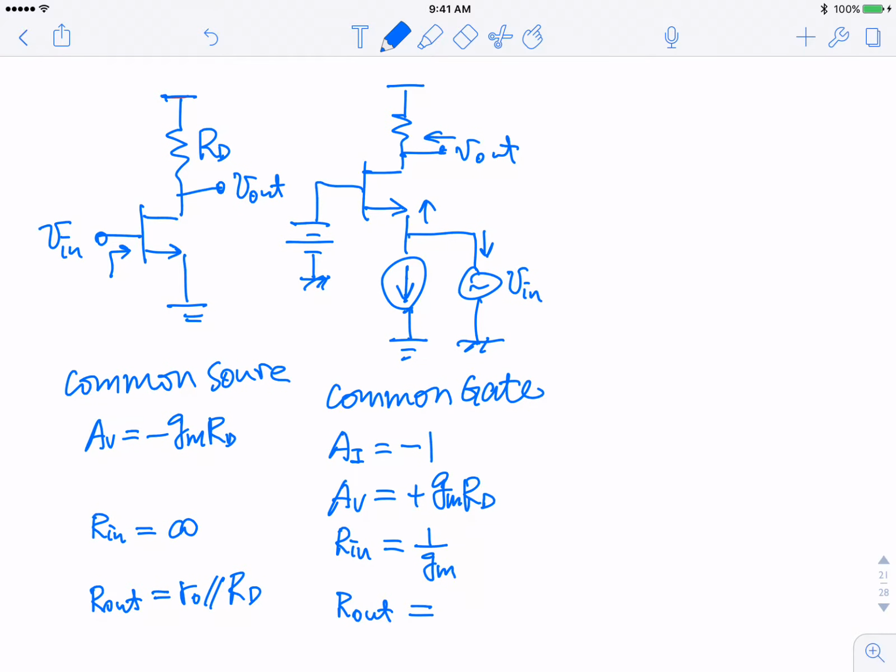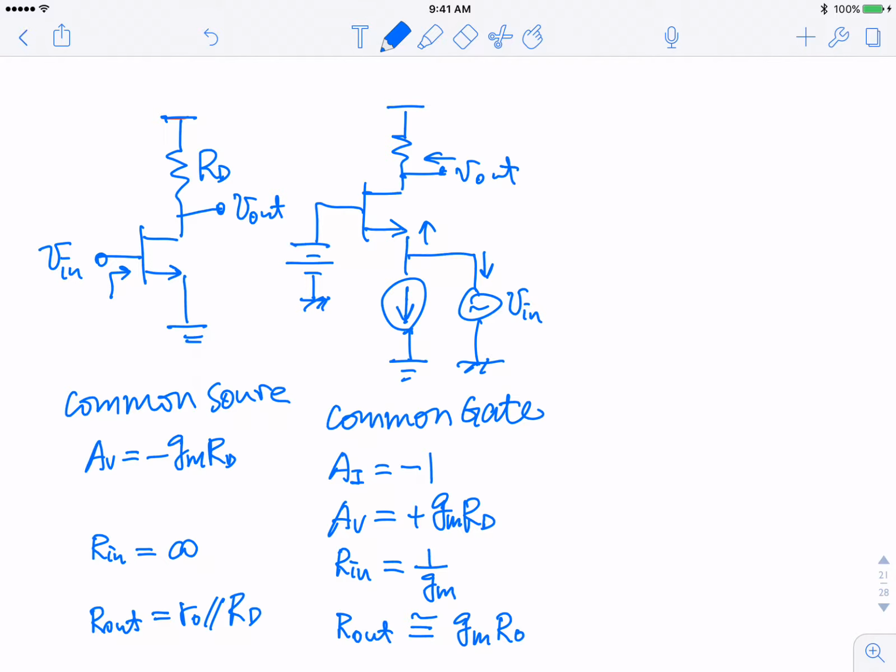The R out here, is that better? Okay. So this R out is really large. It's basically gm r0, and assuming actually we have RS here, okay.